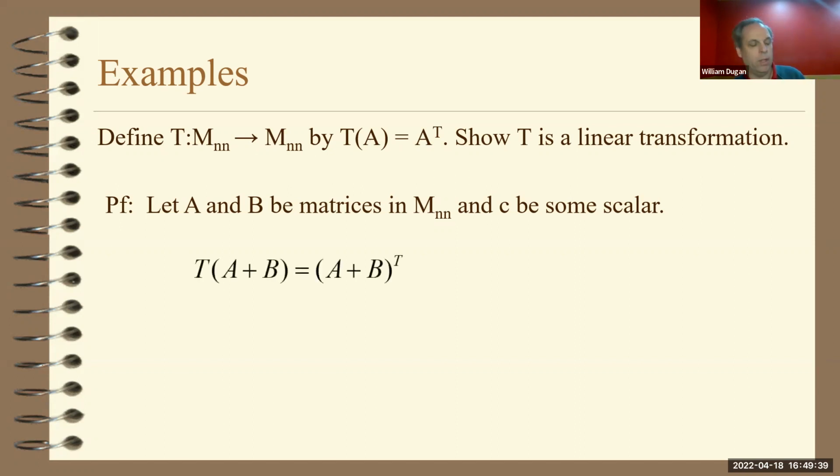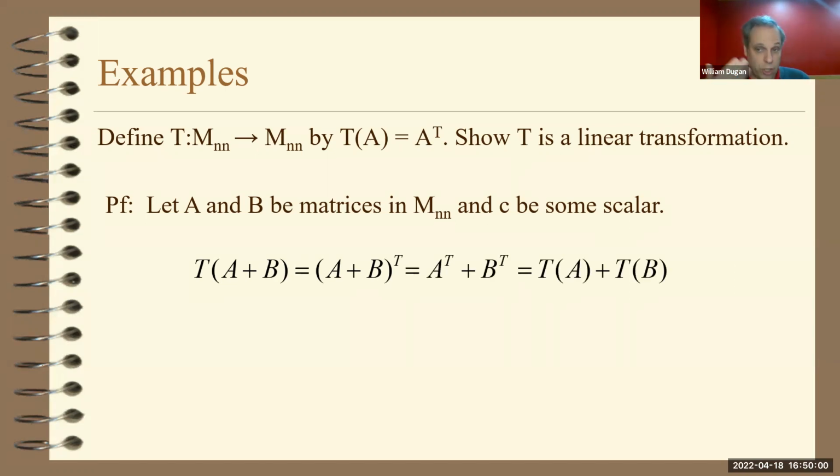The first one is, let's take the transform of A plus B. I will prove to you in the end that that is equal to the transform of A plus the transform of B. Well, the transform of any matrix is just the transpose of that matrix. So I then have (A plus B) transpose. But I remember, though, that the transpose distributes over sums and differences.